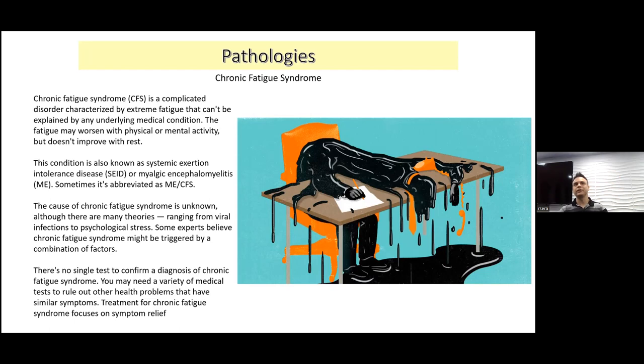And we can essentially associate all of the relaxing benefits of massage to activating or promoting the activity of the parasympathetic nervous system.